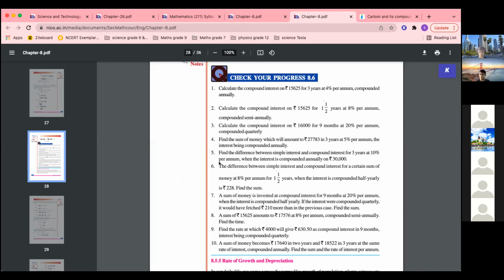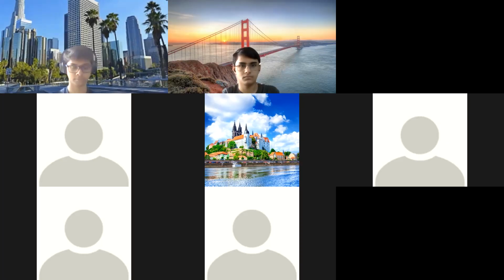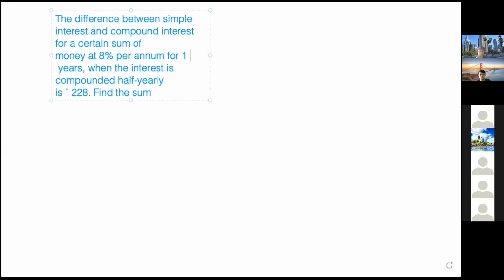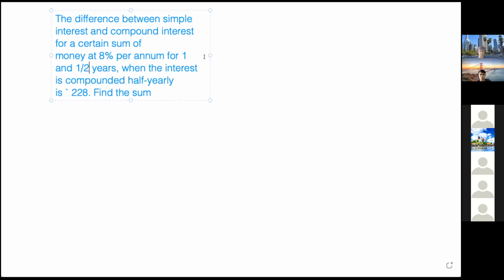Find the sum. Okay. So, the difference between simple interest and compound interest. Let me share. I'll copy this question first of all and then share this. This is the question.